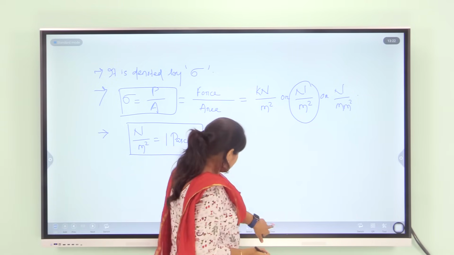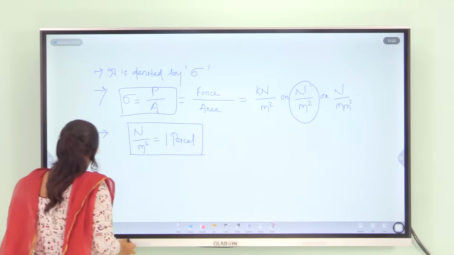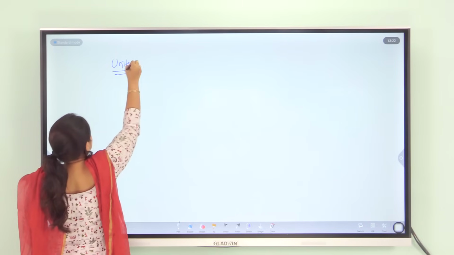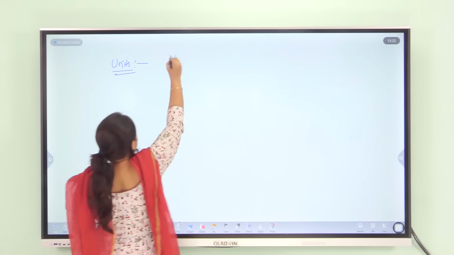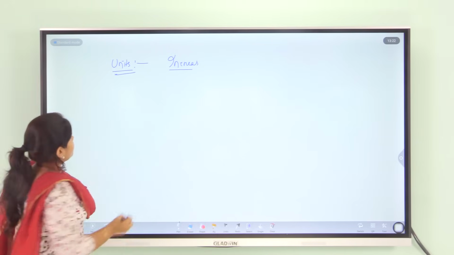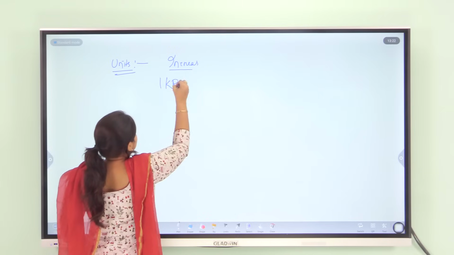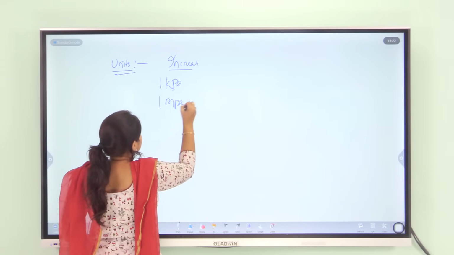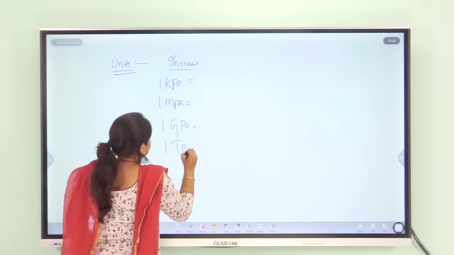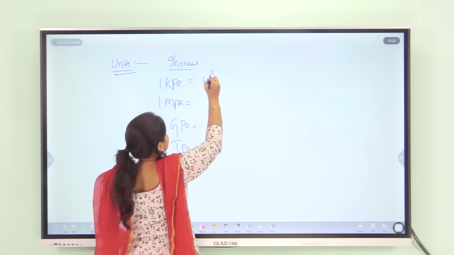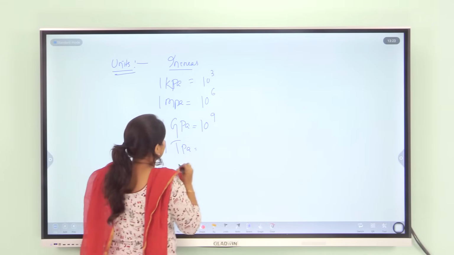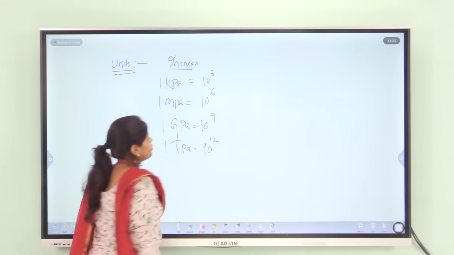Now, we will learn some units. If the units increase, it will become 1 kilopascal, 1 megapascal, 1 gigapascal or 1 terapascal. 1 kilopascal is 10 to the power 3, megapascal will be 10 to the power 6, gigapascal is 10 to the power 9, terapascal is 10 to the power 12.